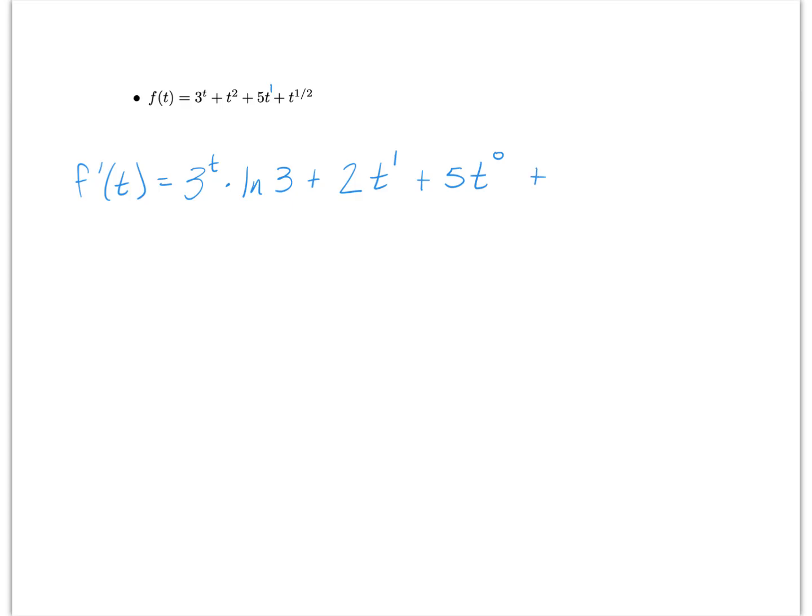And then the power rule on the last term, I'm going to bring the 1/2 down, copy the t, reduce the exponent by 1. 1/2 minus 1 is negative a half. And now I'll just do some simplification. So I have 3 to the t times the ln of 3 plus 2t plus 5, because t to the 0, that's just 1, plus 1/2 t to the negative 1/2.